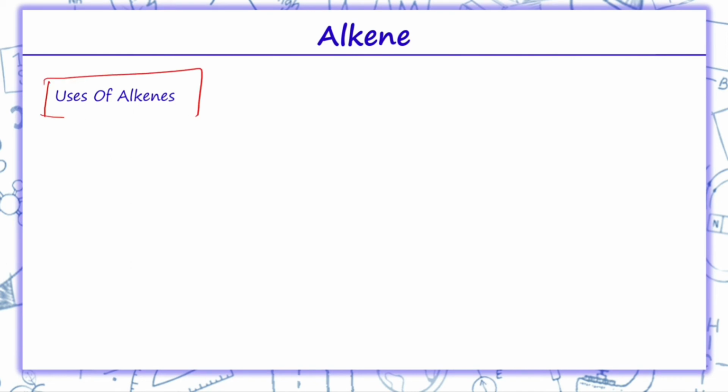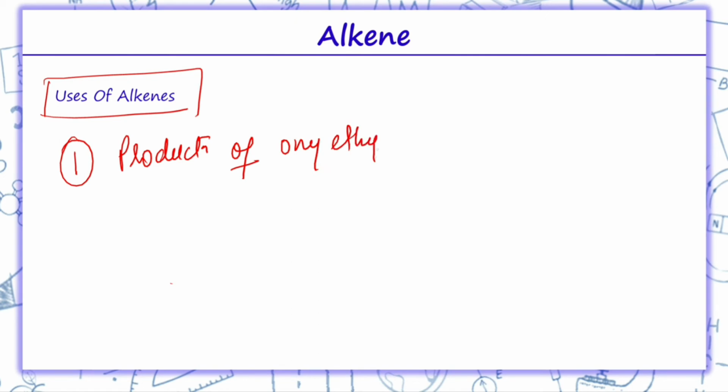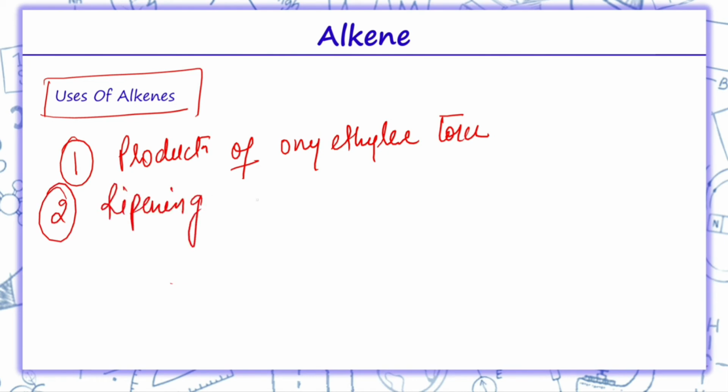Now coming on to the uses of alkenes. Alkenes are used in the production of oxyethylene torch. They are also used in ripening of fruits, like ethylene is used for artificial ripening of green fruits.